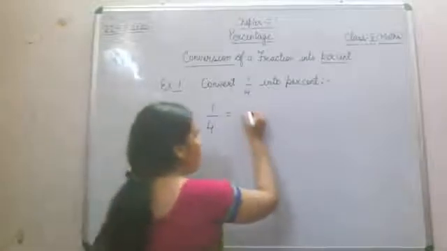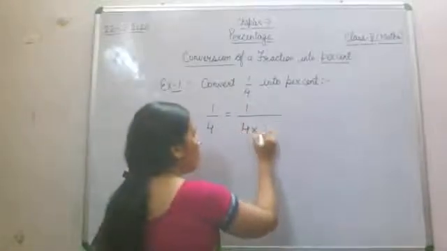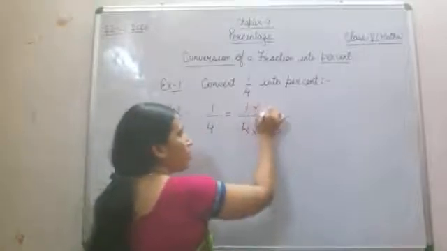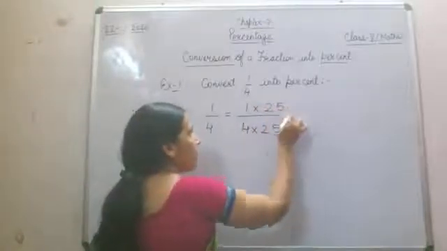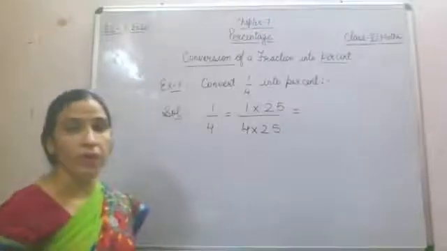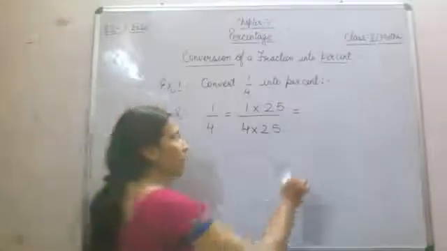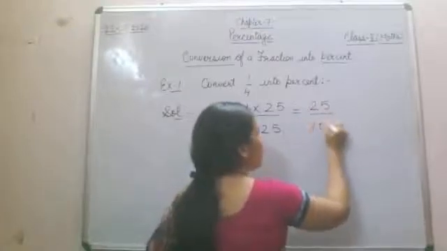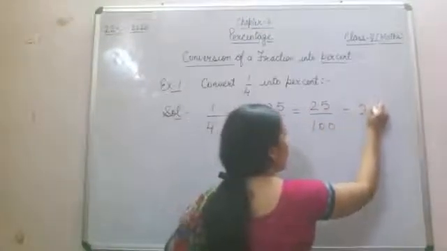So here we will find that if we multiply 4 by 25, 25 fours are 100. So in the numerator also we will multiply by 25. So what will we get? 25 by 100. Now what is the answer here? 25%.